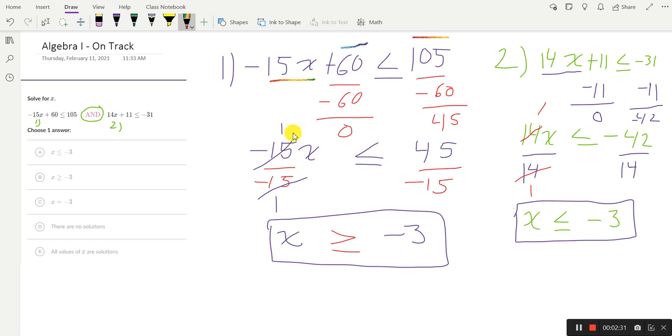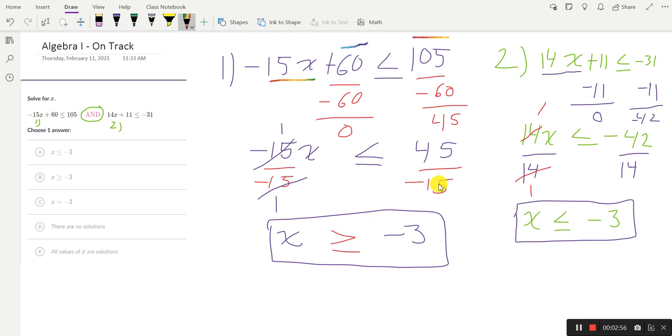Now, you have negative 15 here multiplied by x, and you want to get rid of that so that x is alone. So what do you do? Well, negative 15 is being multiplied by x, so you divide. You divide both sides of the inequality by the same number, negative 15, because you're trying to eliminate that number. What you do on one side, you do on the other.